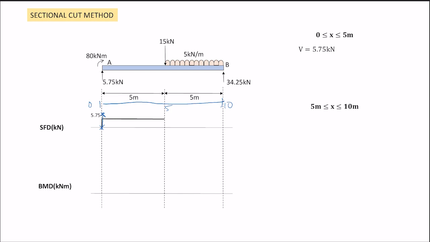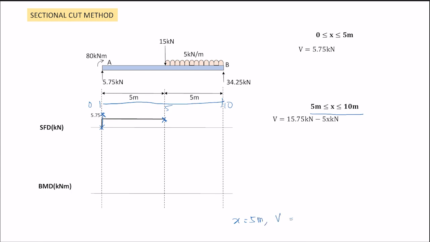For the limit x bigger or equal to 5 meter and less or equal to 10 meter, we have the equation, here there is a value of x. So we have to calculate. At 5 meter, is its value still 5.75? Okay, we have to calculate. x equals 5 meter.